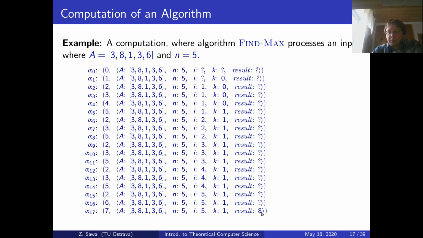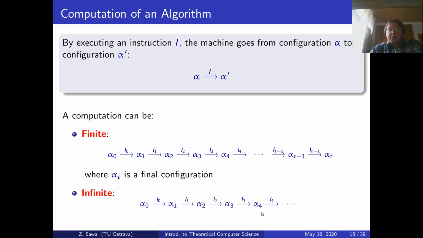So a computation is such a sequence of configurations, and if alpha and alpha prime are two configurations, then by using this notation we can denote that during the computation in configuration alpha, by performing instruction I, the machine goes from configuration alpha to configuration alpha prime.